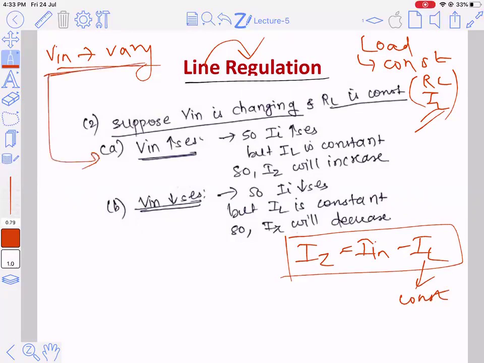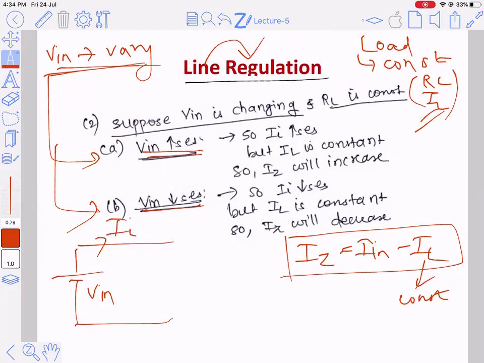So there can be two cases: In increases and In decreases. When Vin increases, the current In also increases, it is supplying more current. In is increasing but IL is constant. So what should happen? IZ will also increase.